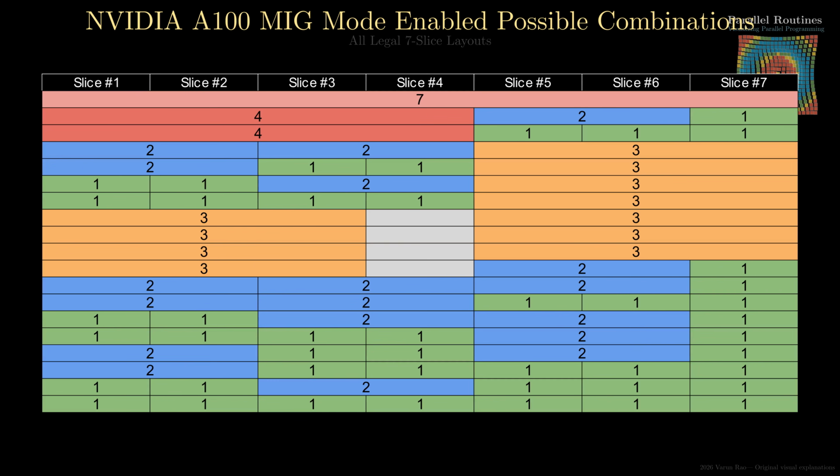MIG supports heterogeneous partitioning. The GPU's memory and SM slices can be configured in multiple combinations, allowing different instance sizes to coexist on the same device. For example, configurations may include several small instances, a mix of medium and small instances, or a few larger instances depending on workload requirements.